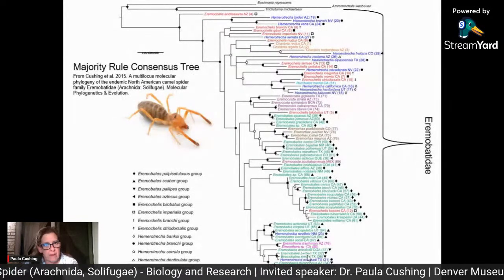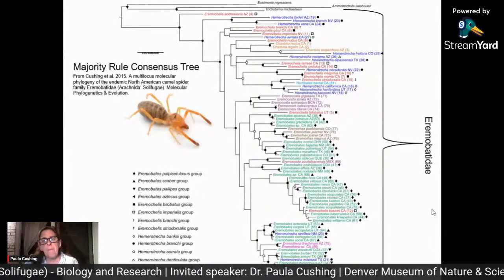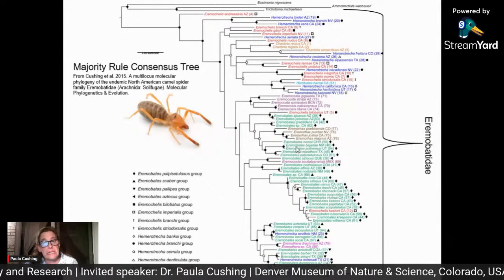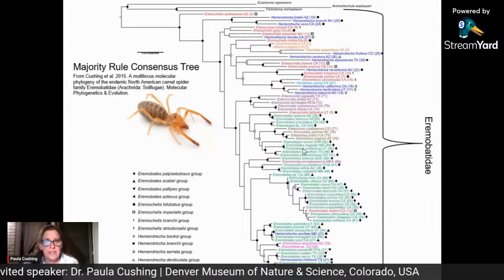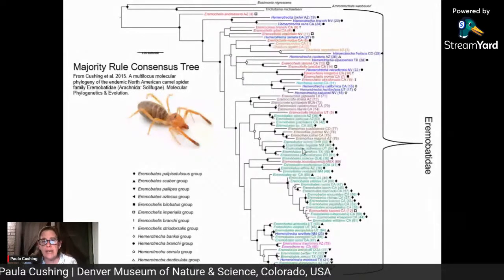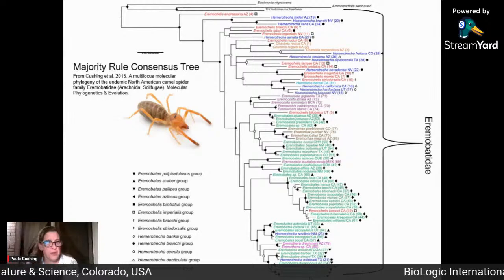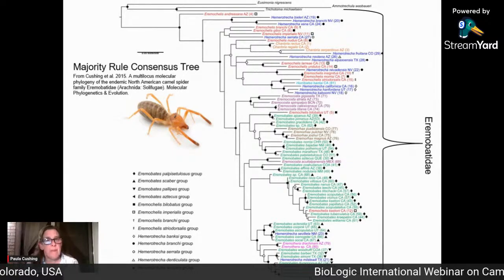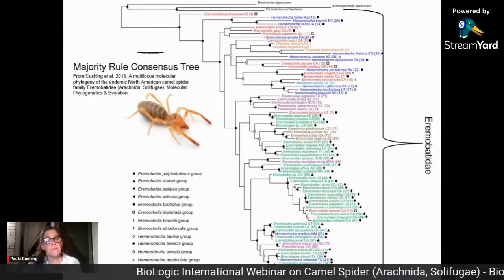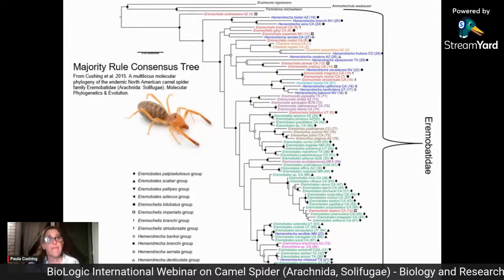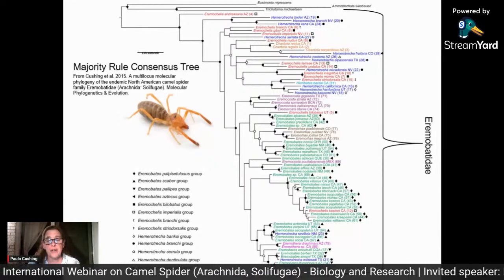So that is not a monophyletic genus. The genus Eremobates is a huge genus that includes many different species, and you can see that that green color is also coming up all over the tree. So it is also not a monophyletic genus. So this also gives us a good starting point for future tests, future analyses.